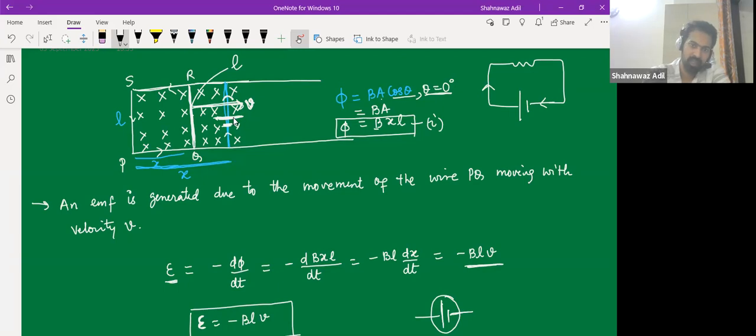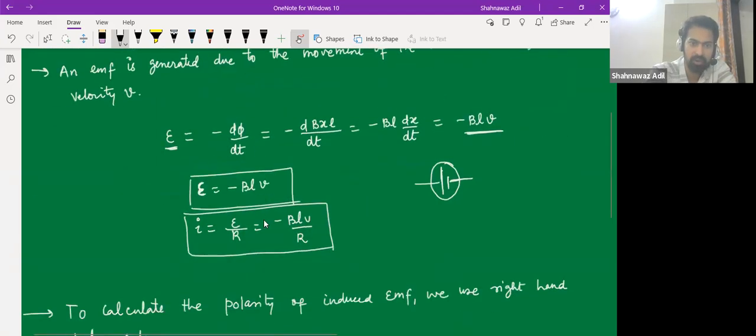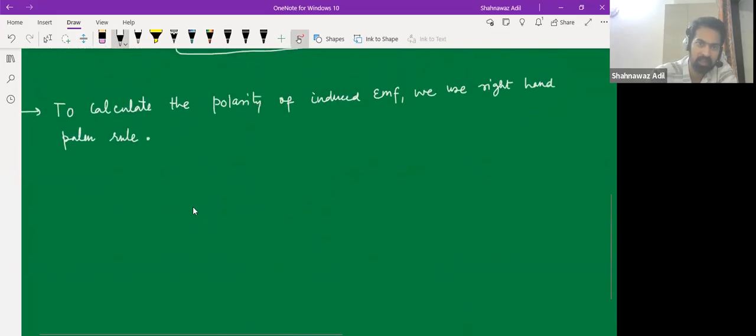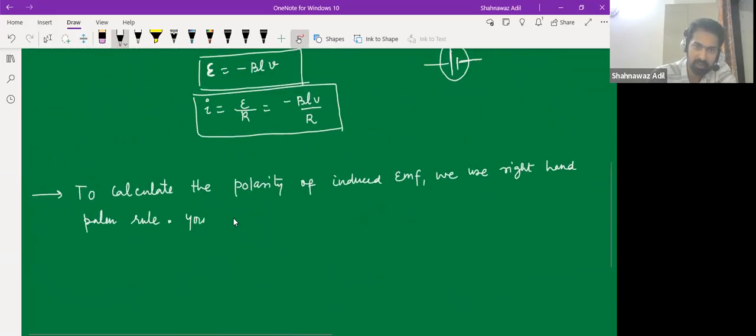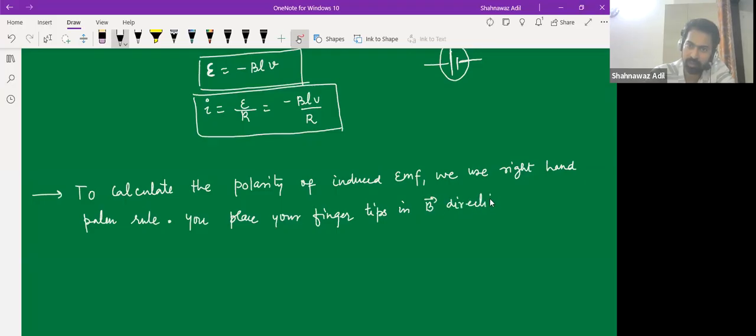Yes, sir. Okay, let me write this: you place your fingertips in the B direction, the magnetic field direction, and thumb in the velocity direction.